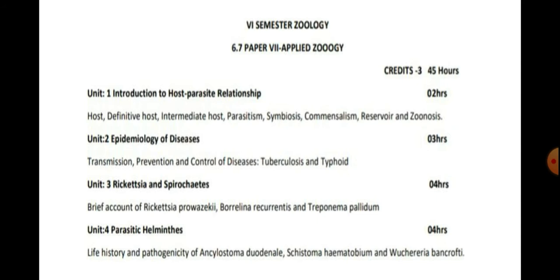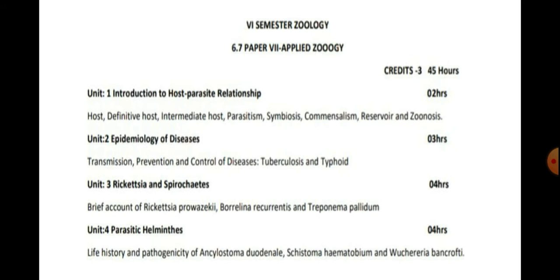Some of the parasites are pathogens, in the sense some of the parasites will cause us a disease. This unit is for 2 hours, and here you'll be studying the definition of host, definitive host, then intermediate host. There are 2 types of host, definitive host and intermediate host. Some of the parasites will have 2 hosts.